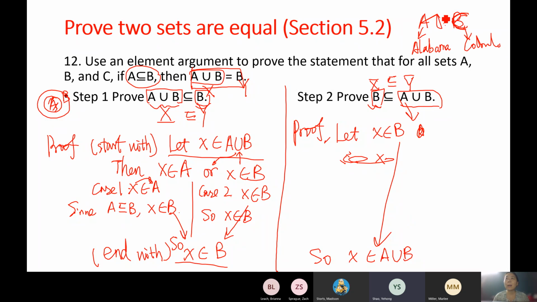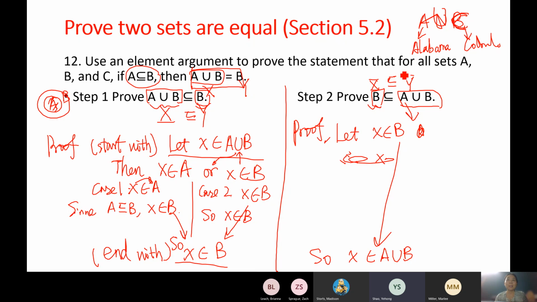Okay, so think about this. If I live in Alabama, then I belong to the union. Suppose we have a union, which is the state of Alabama and the state of Colorado. If I live in Alabama, then I live in the union. I don't have to live in Colorado to belong to the union.